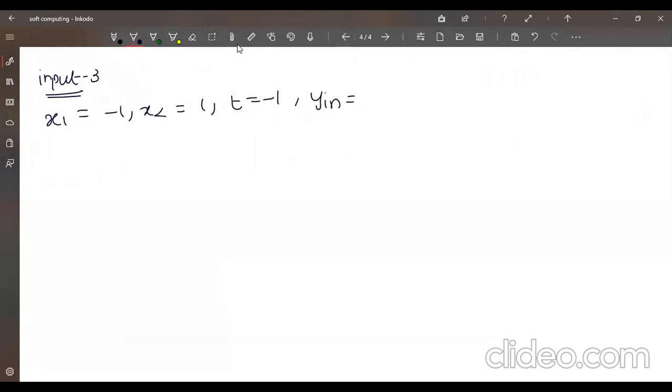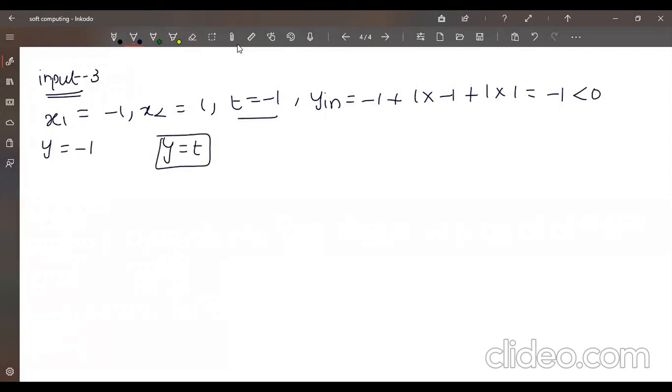Our bias value is -1 plus W1 1 into X1 -1 plus W2 1 into 1. So -1 -1 is -2, plus 1 is -1, which is less than 0, implies our y value is equal to -1 and it is equal to target value t.